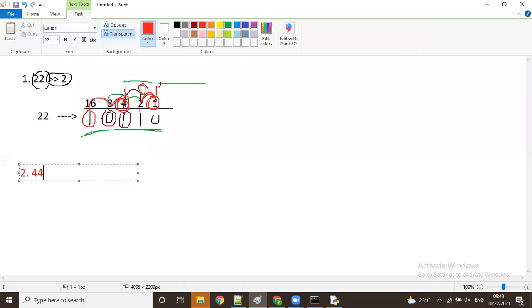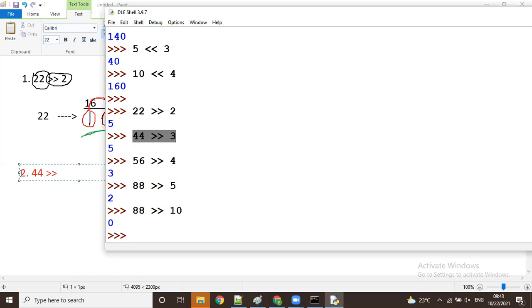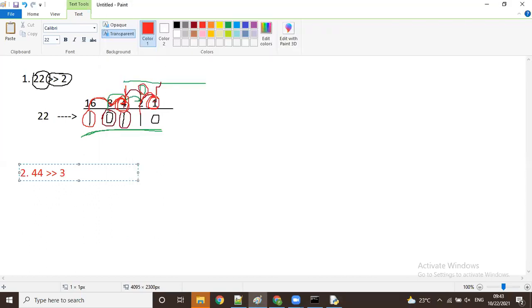I take 44, right shift by 3, guys. First, for 44, get the binary value. To get 44, what numbers are required? 1, 2, 4, 8, 16. Is this enough? Adding all these values will not reach 44, so not enough.